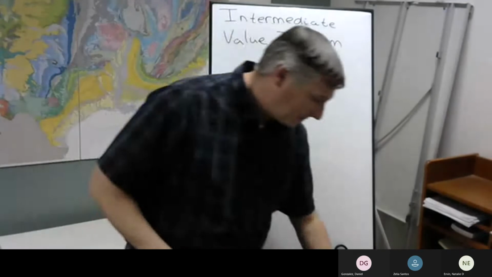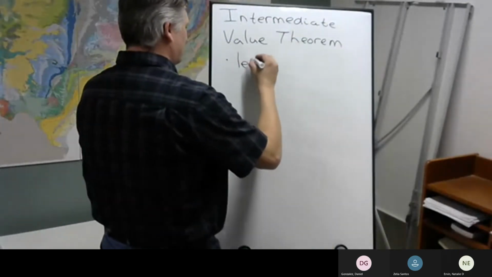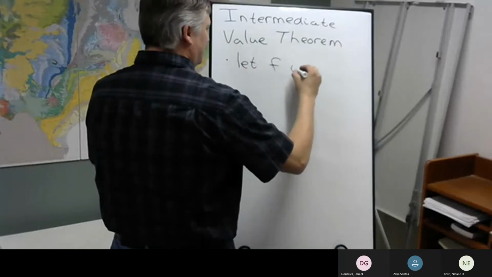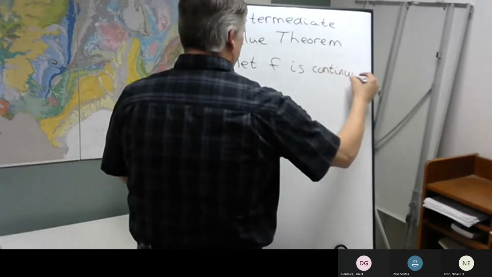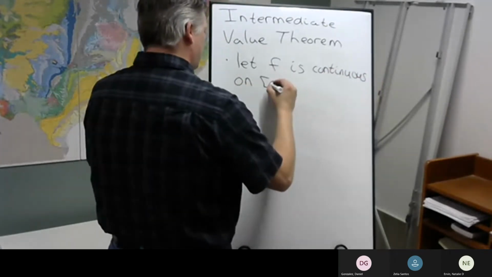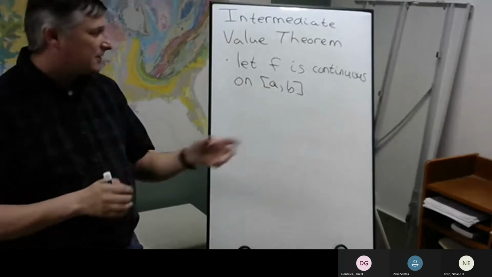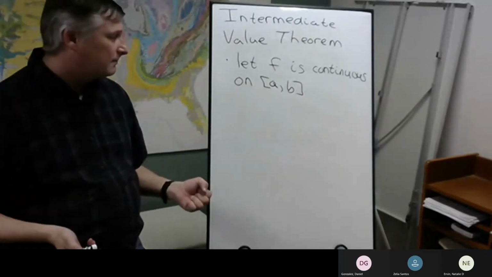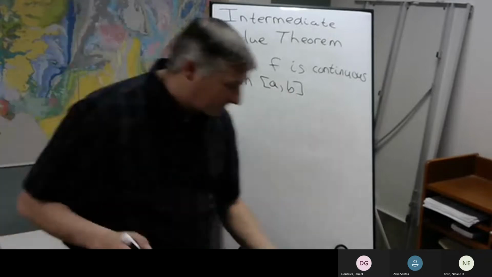It's going to work like this. Let's suppose f is continuous on a closed interval AB. So again, this is where f is continuous on points between A and B. It's going to be right continuous at A, left continuous at B.